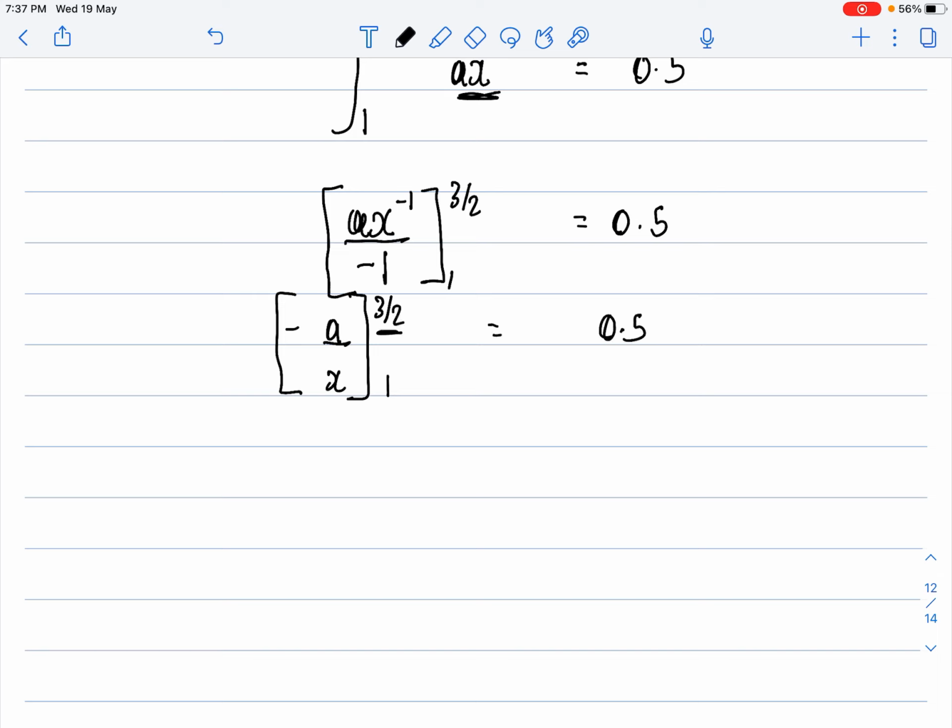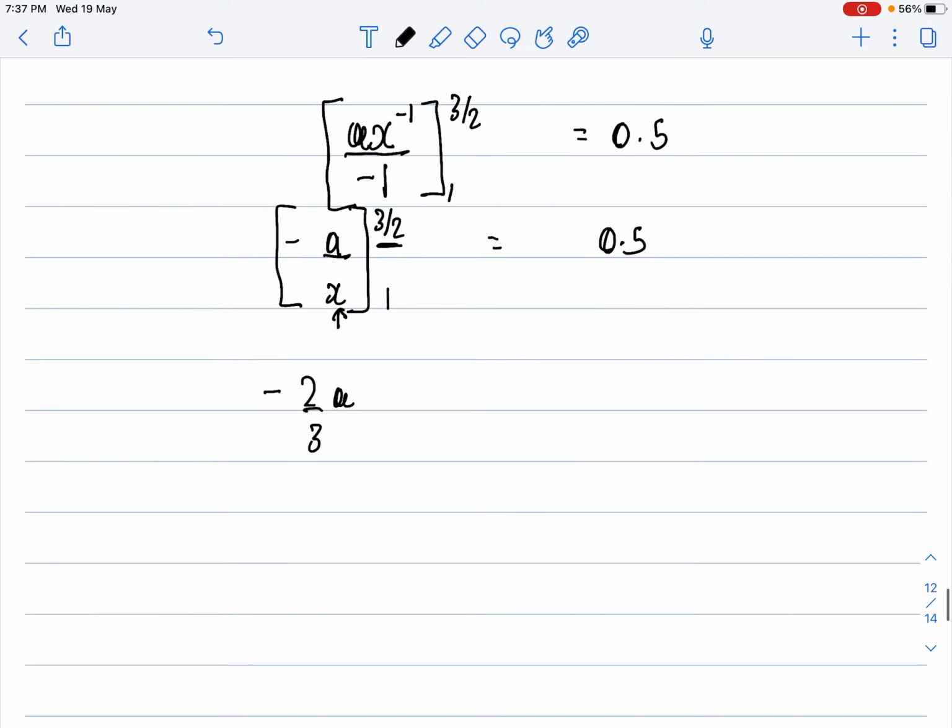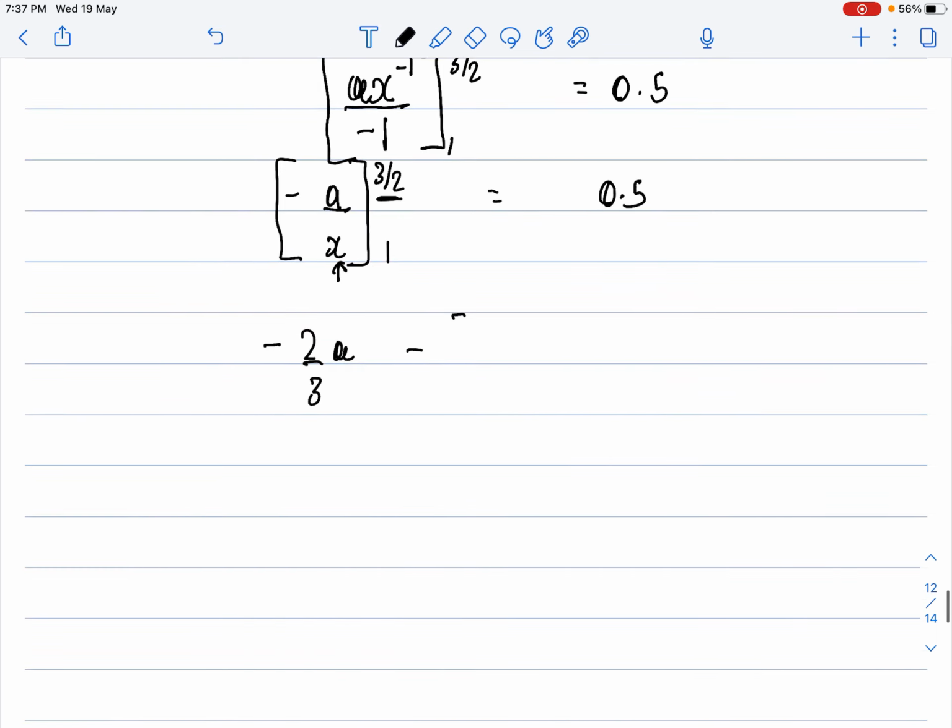So first in the place of x, I'll put 3 over 2. So I'll get minus 2 by 3 a here, because when x is 3 over 2, I get 2 by 3, correct? Minus a over 1, which is equal to 0.5.